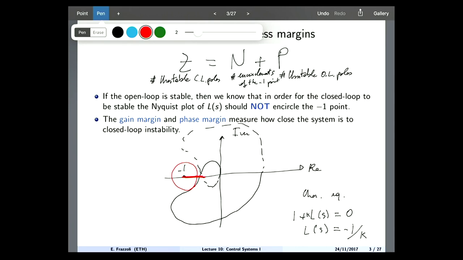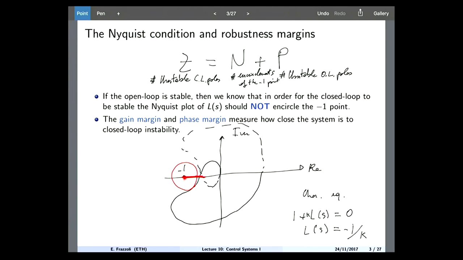This is something that is called the gain margin. Again, think of this point as -1/k. This is telling me how much larger I can make k while still avoiding the encirclement.